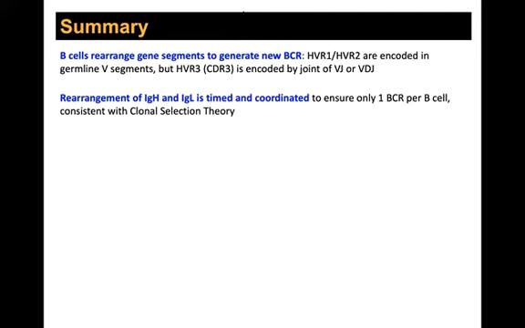How many times does it do it for the heavy chain? Twice. And for the light chain? Just once. Okay, so at a minimum, you have to have 3 somatic recombination events.